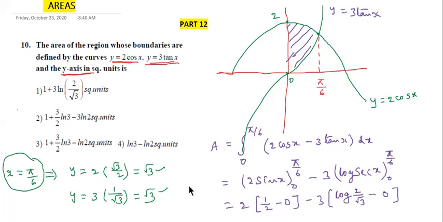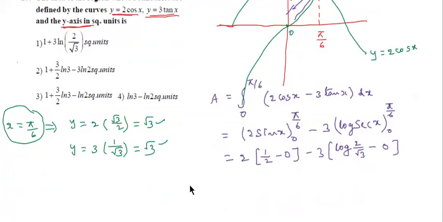Now, by observing the options, then calculate. 2 into 1 by 2 is 1, minus 3 into log 2 by root 3, which is in the form log a by b, that is log a minus log b. Log b means log root 3, and root 3 we can write as 3 power 1 by 2.